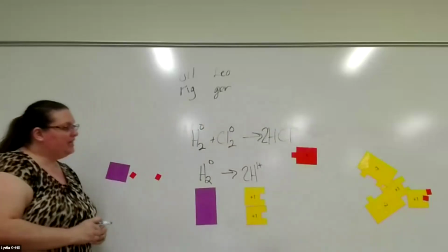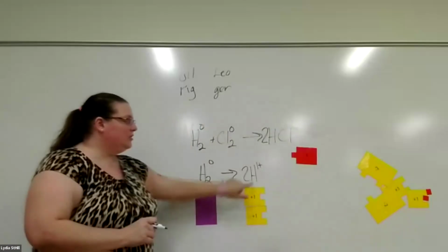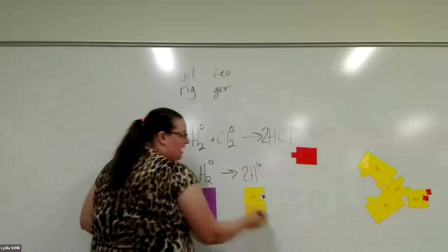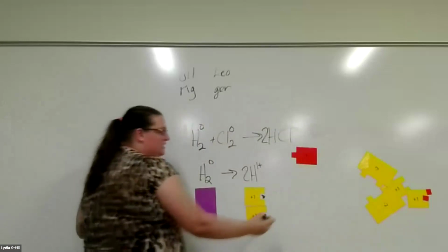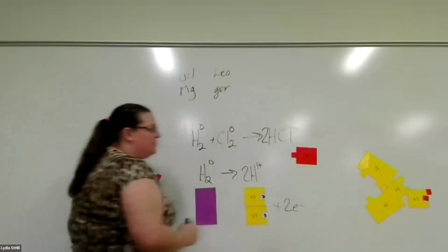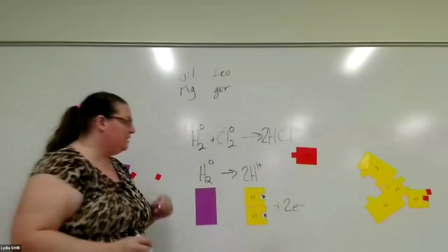And so what we're looking at here is that we do have an H2 going to an H plus, and if you notice, we're missing that inside. So in order to balance these out, we're going to have to go plus 2 electrons because we had to have 2 little dots fill in those spaces that are empty.